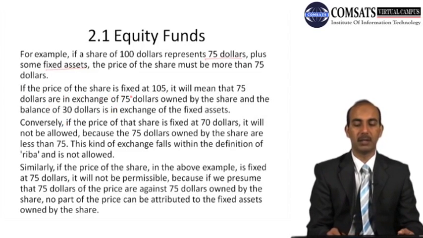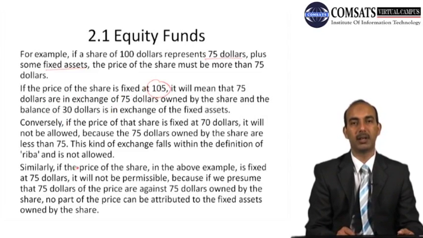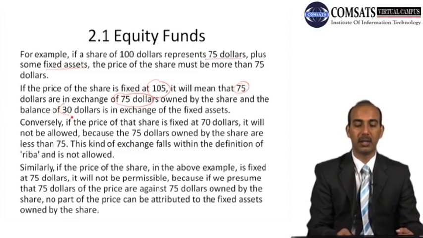So if the price of the share is fixed at $105, it means out of this, $75 are exchanged with the $75 of liquid assets of that company, and then the $30 is the price of the fixed assets.